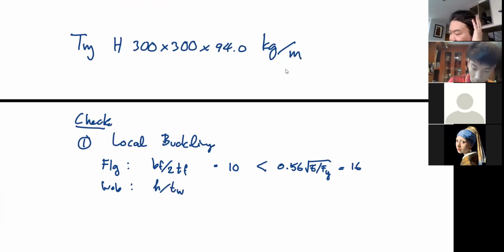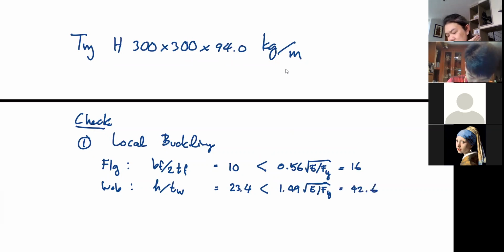Remember, H is not D. You can also pick these numbers from the table. It's 23.4, right? Just less than our limiting value of 1.49 square root E over Fy, which is 42.6 if I remember correctly. So again, we get the big okay.